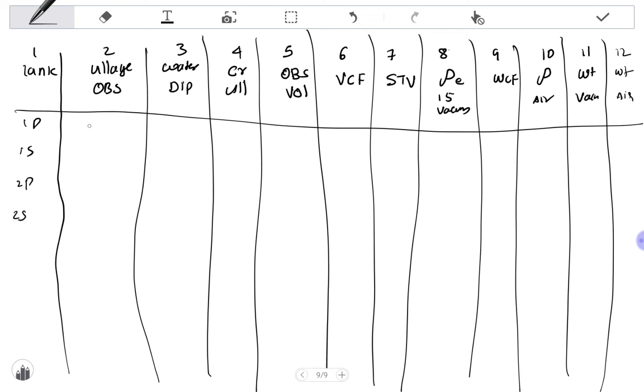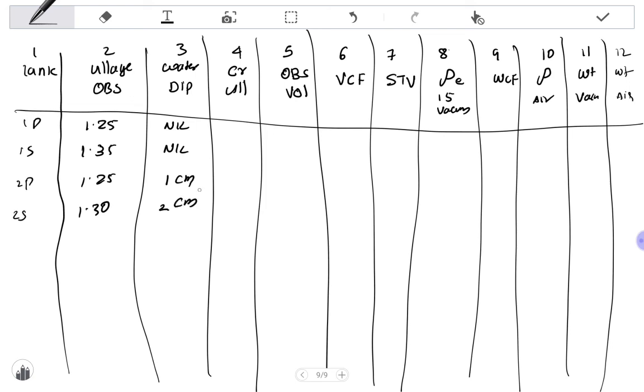Ullage will be whatever you get, 1.25, 1.35, 1.25, 1.30, like that. If there is no water interface, write nil. Maybe 1 centimeter in one tank, 2 centimeter in another tank.